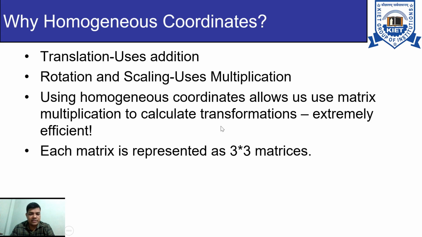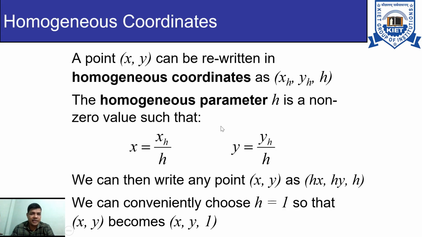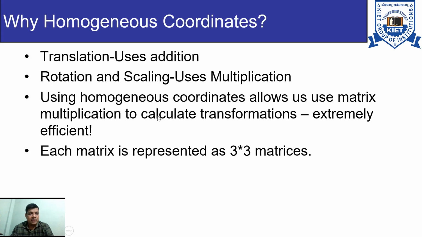The question arises, why are we representing any point x comma y in homogeneous form? You have already seen that in transformations, in translation we are adding the values, while in rotation and scaling we are doing multiplication.